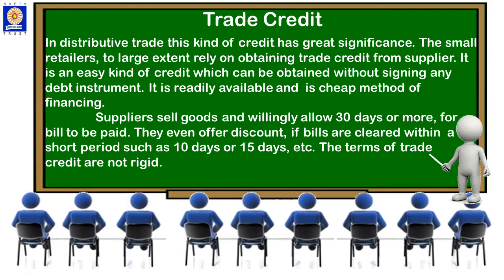Suppliers sell goods and willingly allow 30 days or more for the bill to be paid. They even offer discounts if the bills are cleared within a short period, such as 10 days or 15 days. The terms of credit are not rigid. It totally depends on the relation of the two parties, buyer and seller.